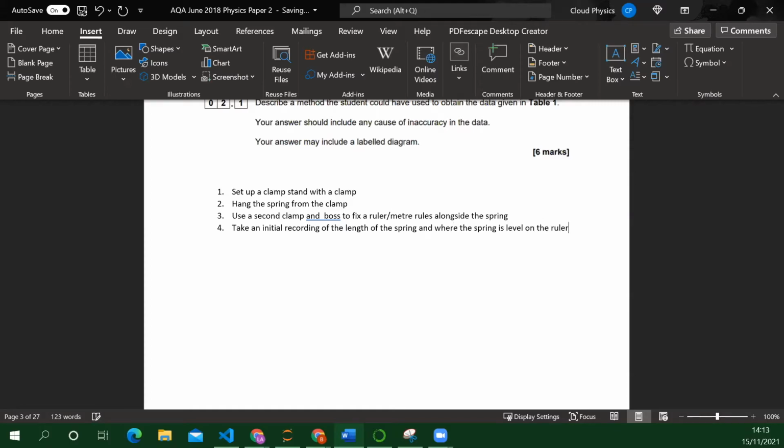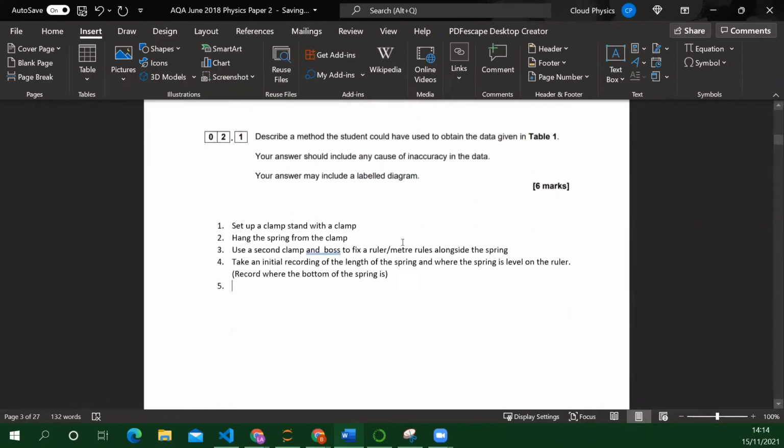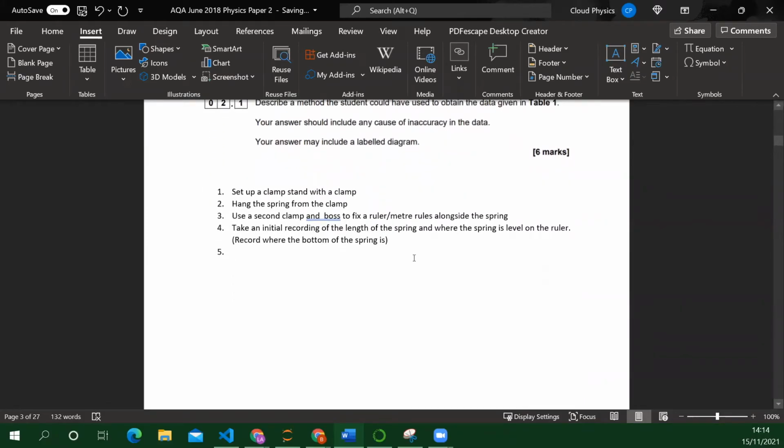You could also change the ruler's height a bit so the bottom of the spring is at a certain number to make measuring easier. So you're recording where the bottom of the spring is. This is the point people kind of mistake. They think that the graph is talking about the entire length of the spring, but it's looking at the extension, so how much it's stretched. That's why you have to know where the bottom of the spring is.